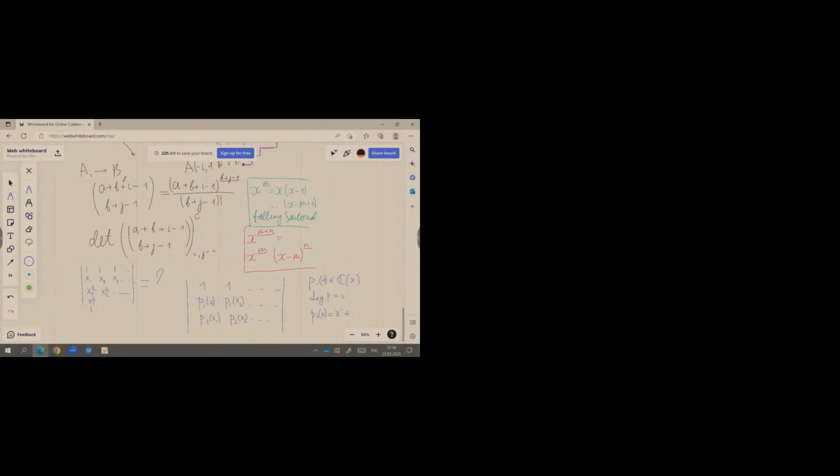Приведенный, да, знаете, у которого старший коэффициент 1. Well, then this thing is exactly the Vandermonde. Why is it so? Because you can take this determinant, make some row transforms, and get the Vandermonde. So same thing holds about the falling factorials. These are monic polynomials in x's of the degrees 0, 1, 2, etc. So this Vandermonde determinant in falling powers is again just a regular Vandermonde, and I think this helps.